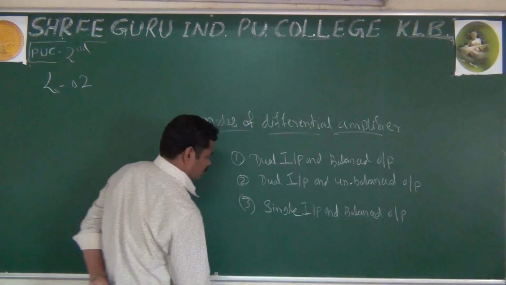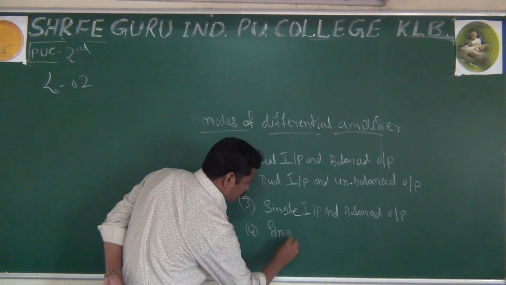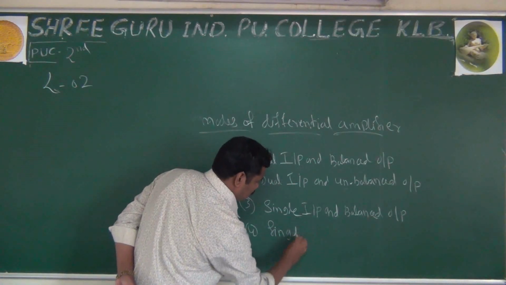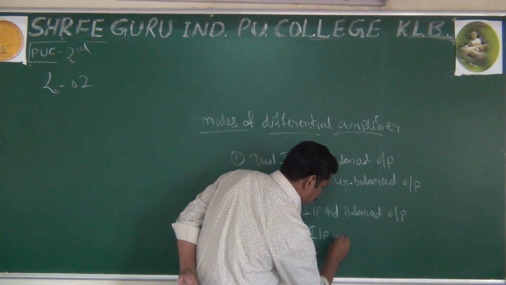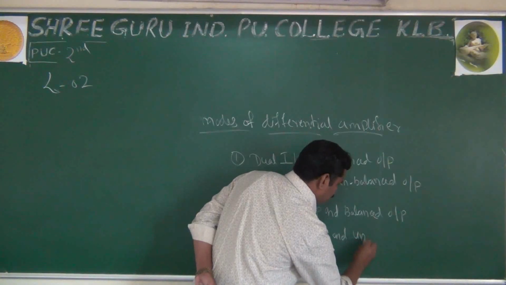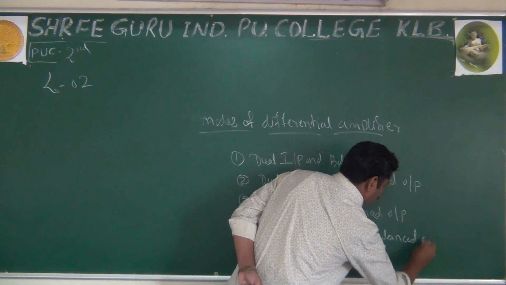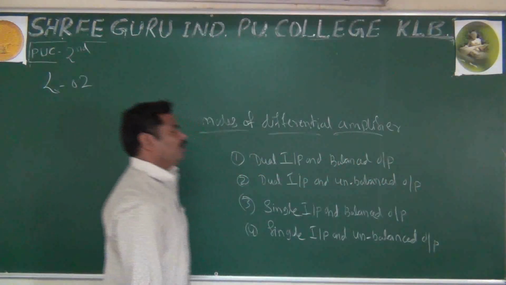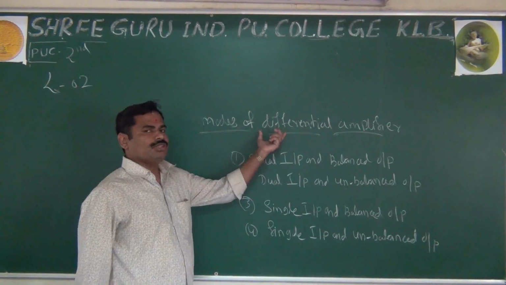And the last one, the fourth one, is single input and unbalanced output. These are the different types, or modes, of differential amplifier.